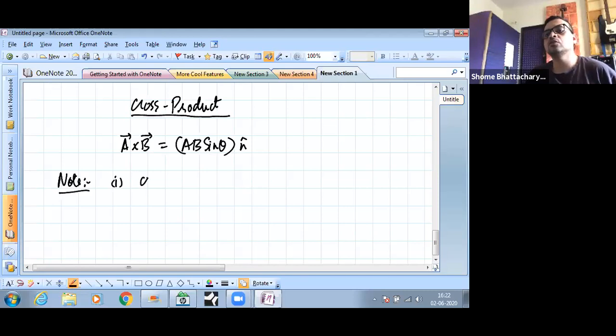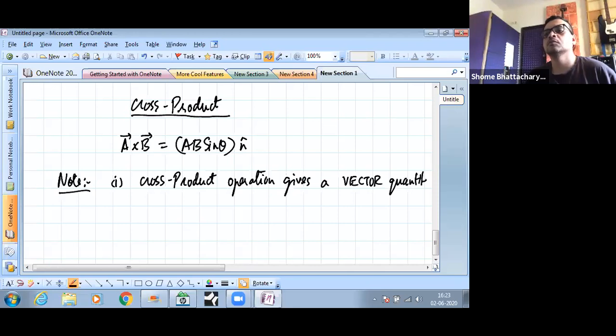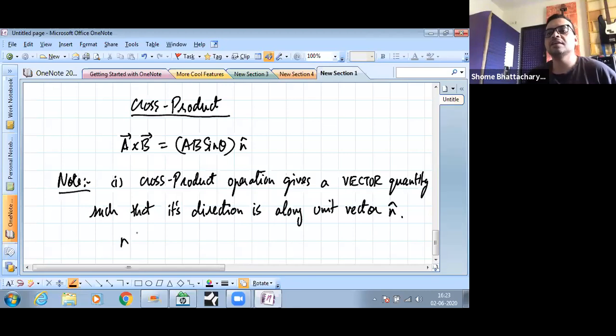The first thing is that the cross product operation gives a vector quantity, such that its direction is along the unit vector defined as n cap, where n cap is perpendicular to both A and B.